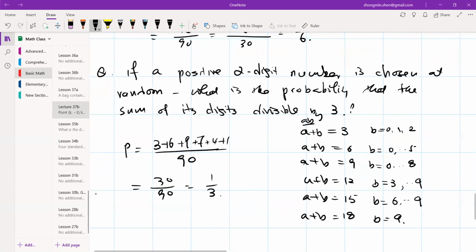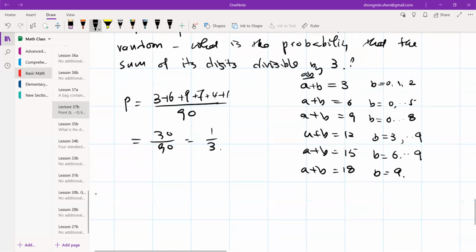Got it? So 1 over 3 of 2-digit numbers are divisible by 3 actually. Okay, so how do we count them? You have to classify them into different categories, and then you count the numbers in each category. Okay.